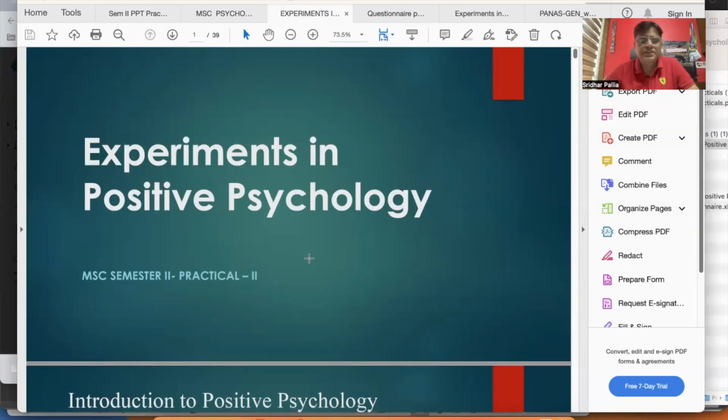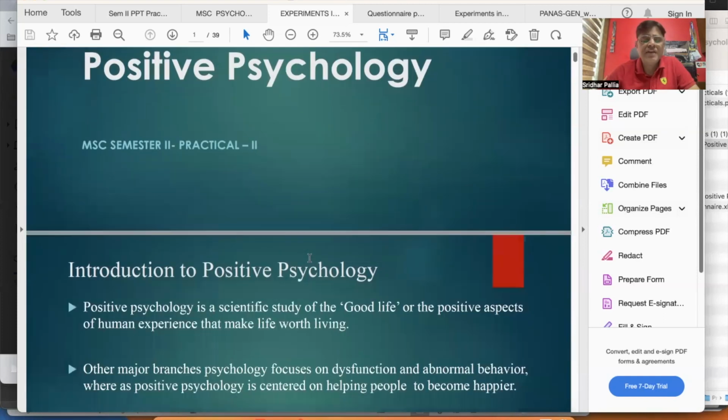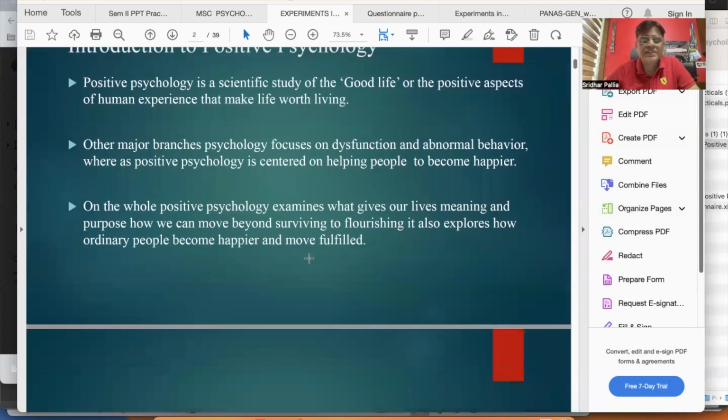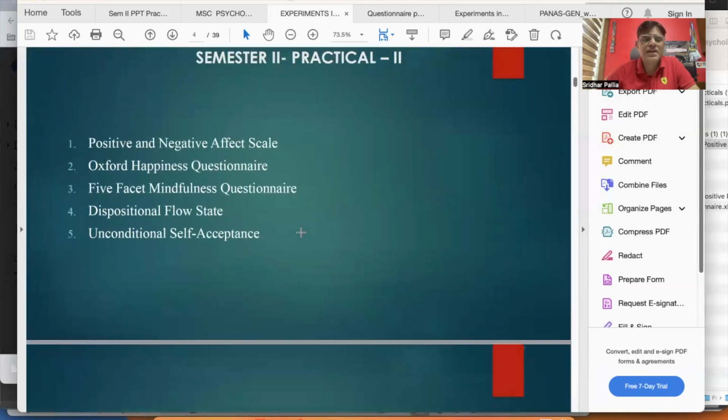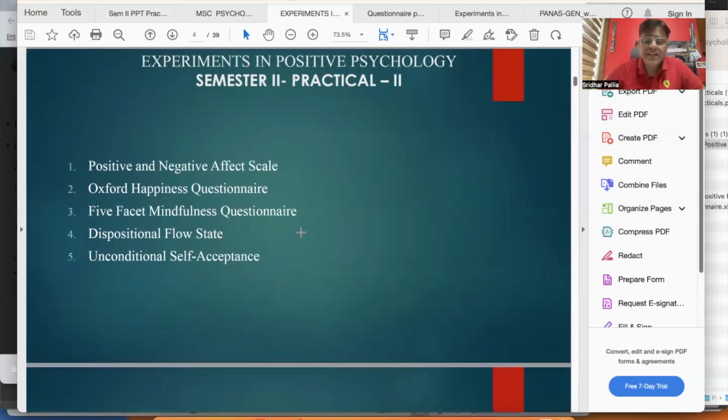So for the second semester, experiments in positive psychology, we will be having the 5 experiments that are listed here. These 5 experiments are the positive and negative affect scale, which is called PANAS, the Oxford Happiness Questionnaire, the 5-facet mindfulness questionnaire, dispositional flow state, and unconditional self-acceptance.